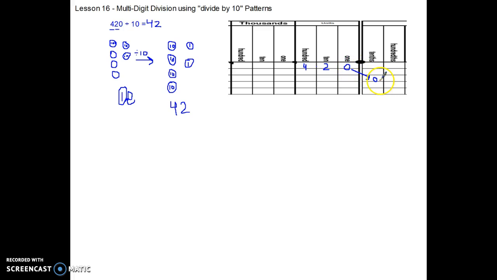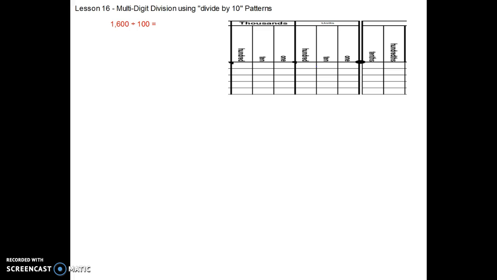So here, 0 divided by 10 would be 0 in the ones place, and then my tens place would move over 1, so 2 1s, and then my hundreds would move over 1 place, and it would be 4 10s. So here I have 42, just like my number up here.